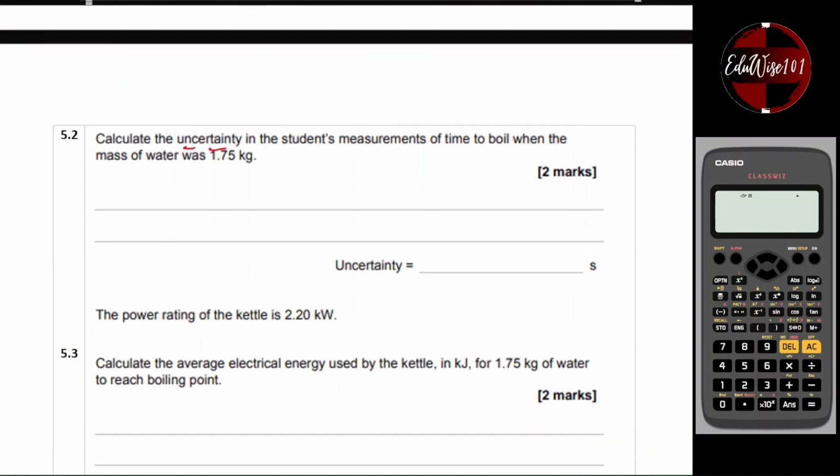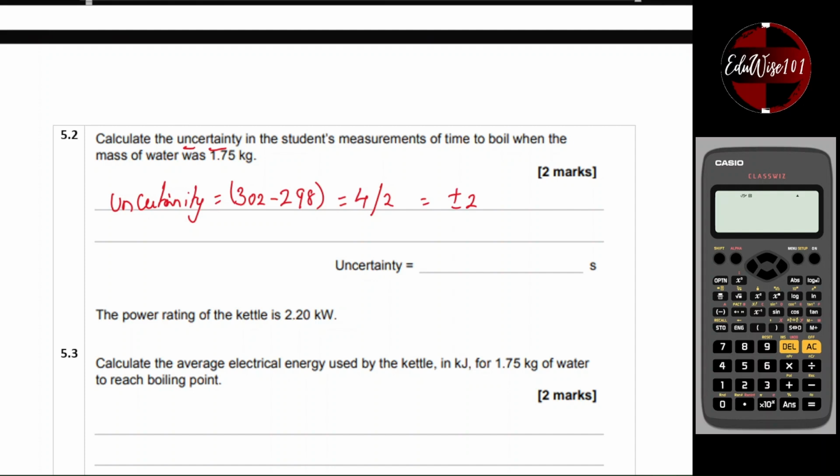So you take away from the highest number the lowest number, 298, which is going to be 4, and then you divide it by 2, and that gives you plus or minus 2.